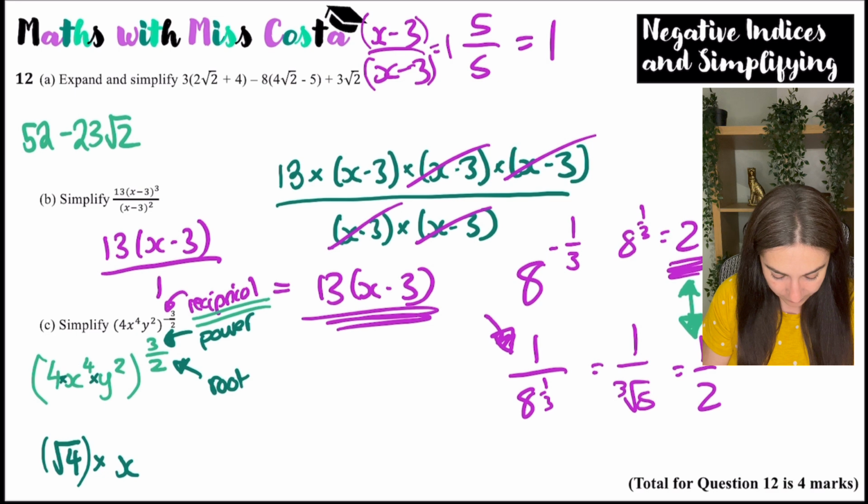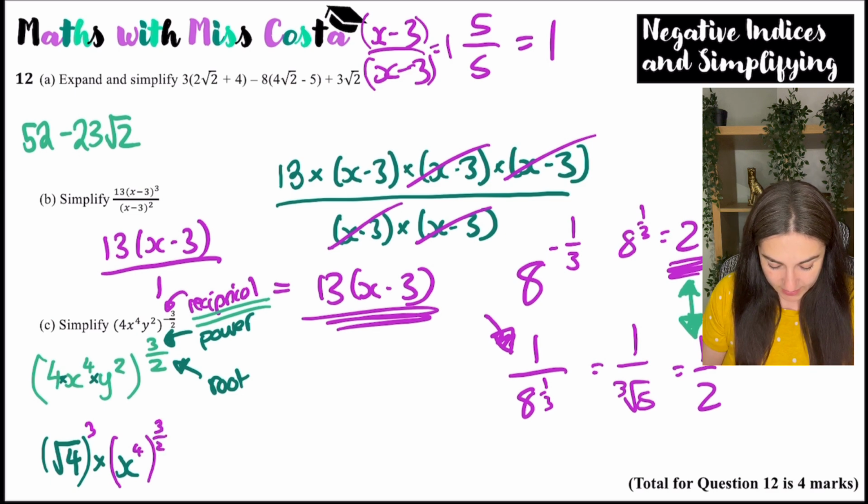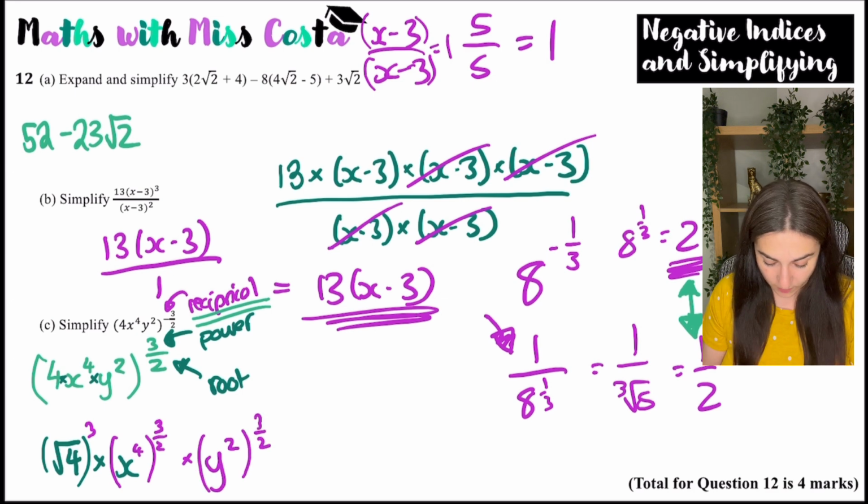So you'd have the square root of 4 to the power of 3 times by x to the power of 4 to the power of 3 over 2 times by y squared to the power of 3 over 2. So we can do these all one by one. So that square root of 4 is 2, and 2 cubed is 8.